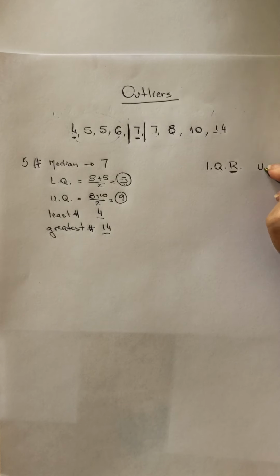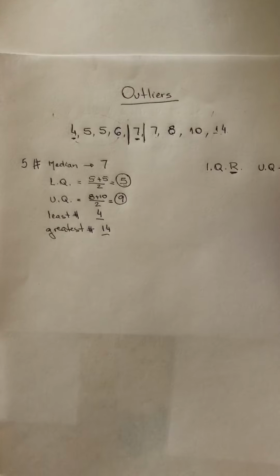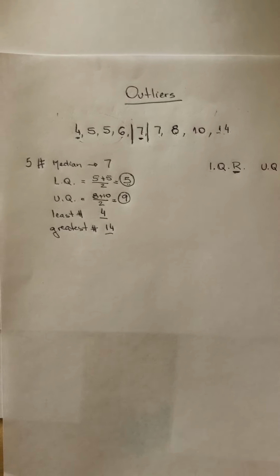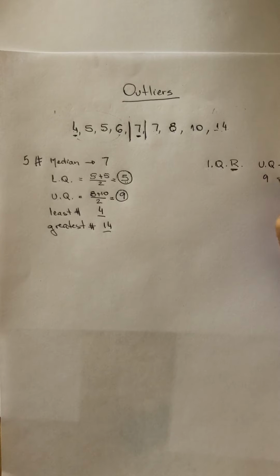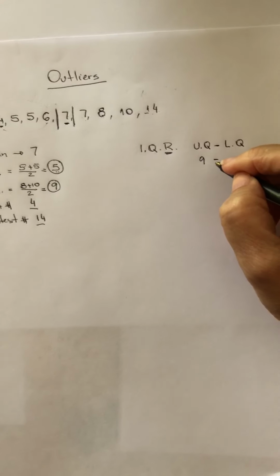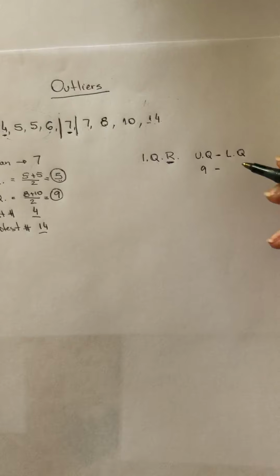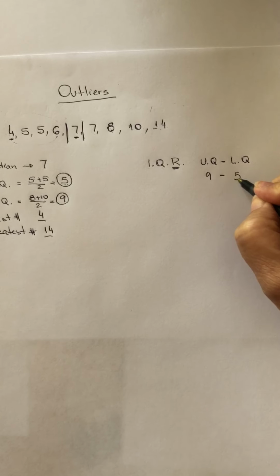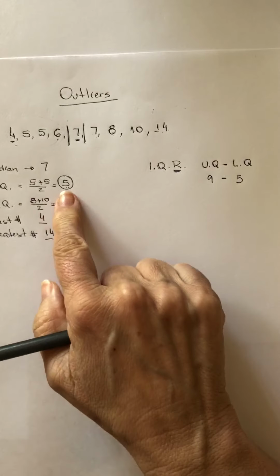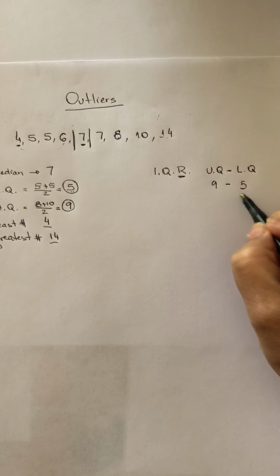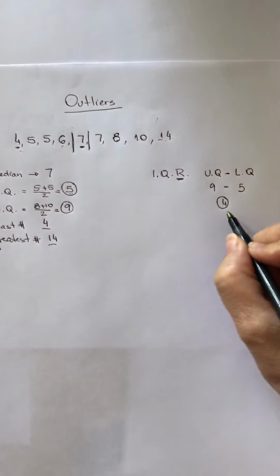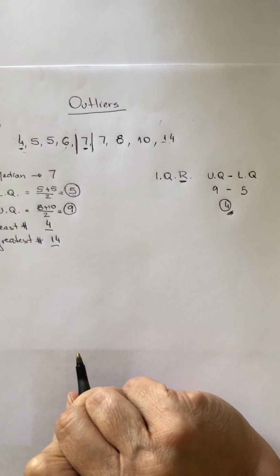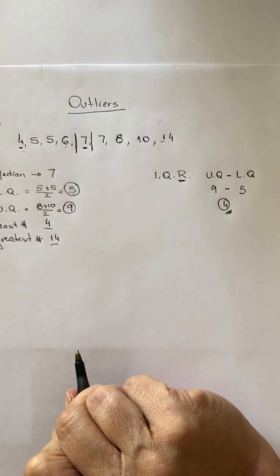What I do is upper quartile, take away lower quartile. Then I have 9, take away 5, which is my lower quartile over here. 9 take away 5 is 4. So 4 is going to be a very special number here.